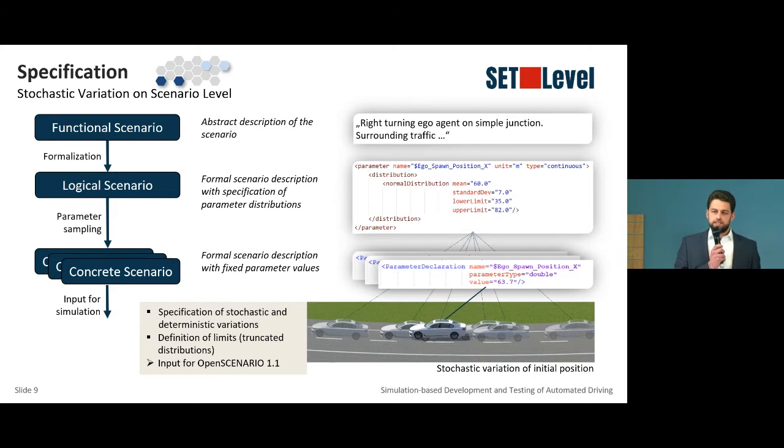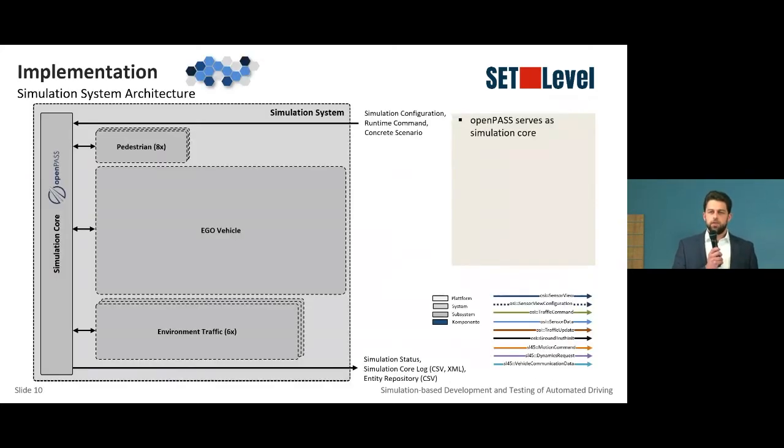But now let's build up the simulation step by step. After we have seen the building blocks and how stochastic variation works in theory, we want to do it practically now. When we start setting up the simulation, we have to talk about two different layers for the architecture. The first one is the simulation system architecture.